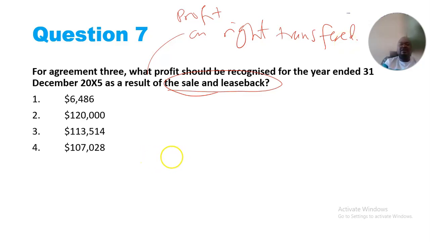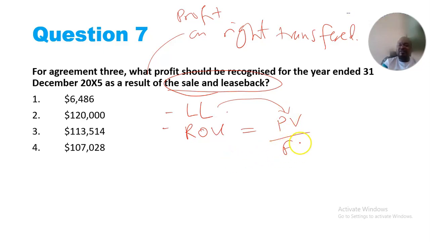So the first thing we are going to do is determine the lease liability. Then we compute the rho, which is the PV of the lease liability over the FV, multiplied by the carrying amount of the asset.